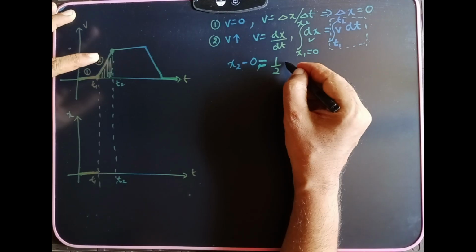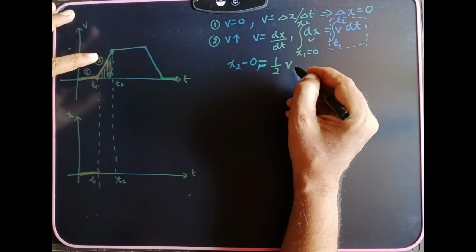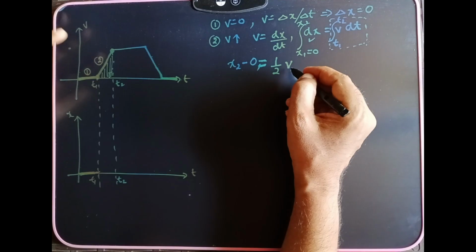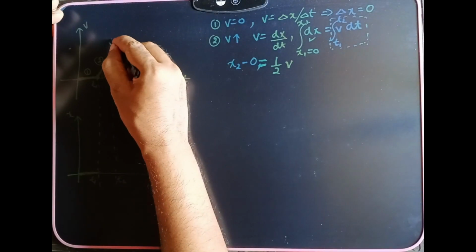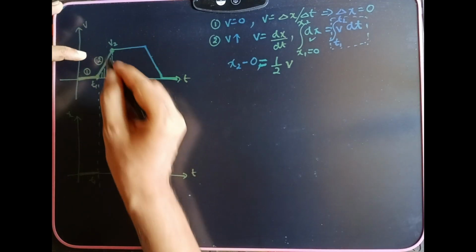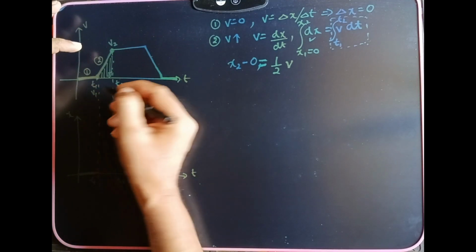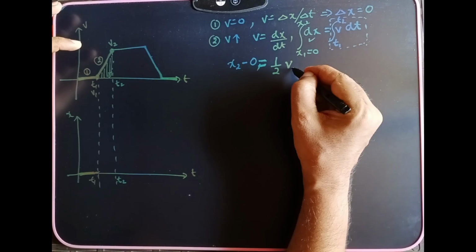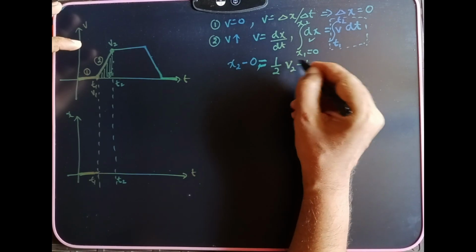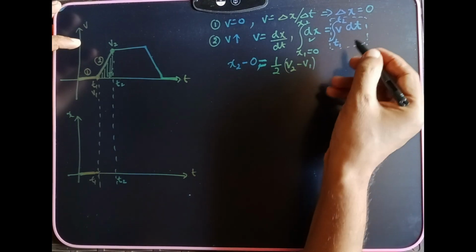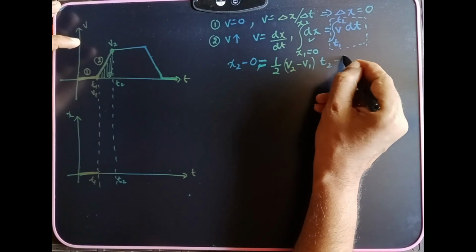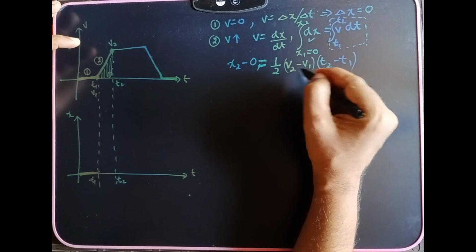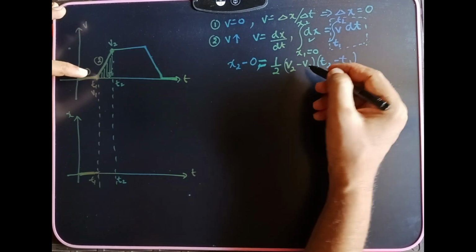V. I can write it V, or I can write it just to show the calculation in detail. We'll assume that this is V2, and this is V1 here. So I can say V2 minus V1 and change in time. That means I'll get T2 minus T1. From here, I know that V1 is actually 0.